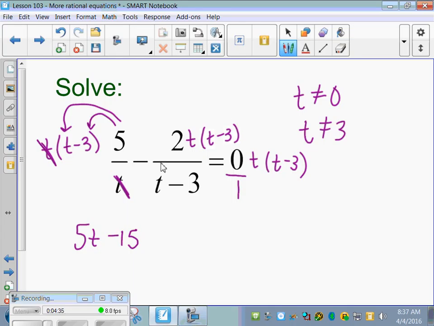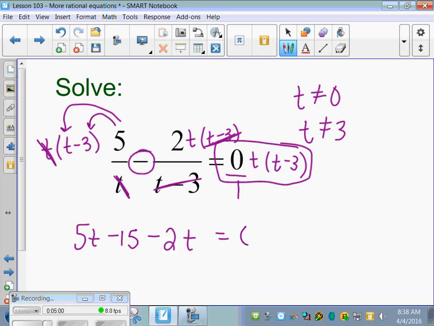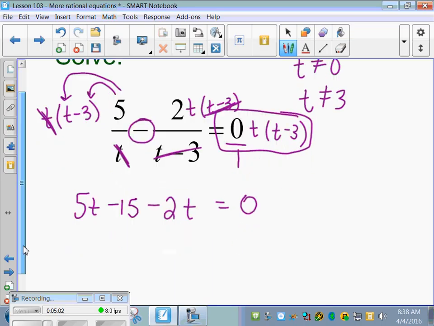What's going to cancel in this term? Yep, t minus 3. Good. And now I have, don't lose this negative sign right here, a minus 2t. And this one was nice to us because they gave us a 0, and we're multiplying 0 times this whole thing. What is 0 times anything? 0. So we can just put 0 there.